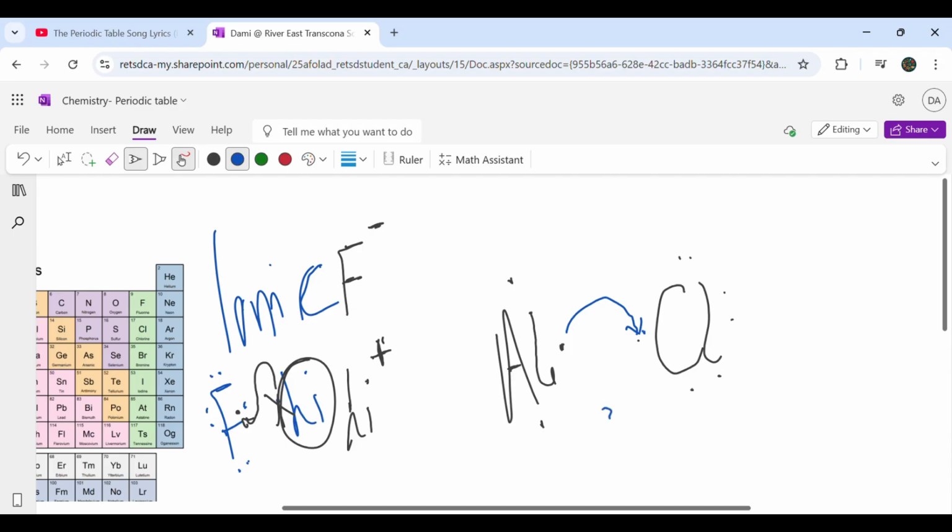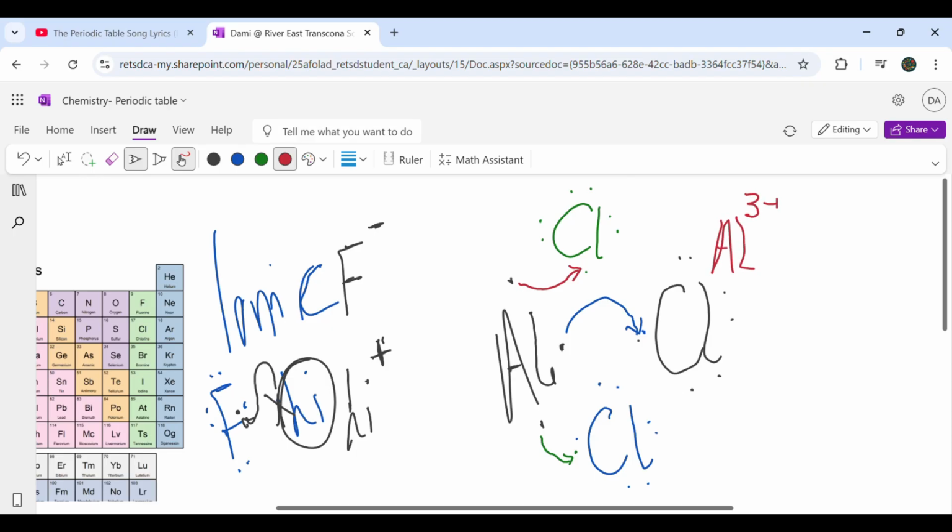Another chlorine will come over. Aluminium will give this another 1. And another chlorine would have to come over, and aluminium will give chlorine 1. And it will be Al3+ and Cl-.